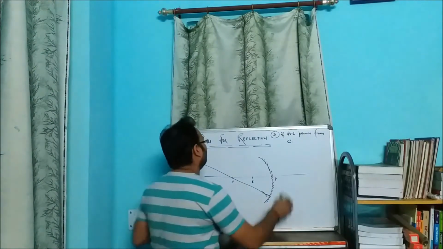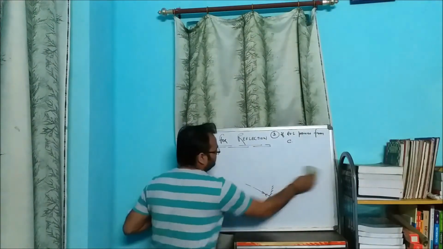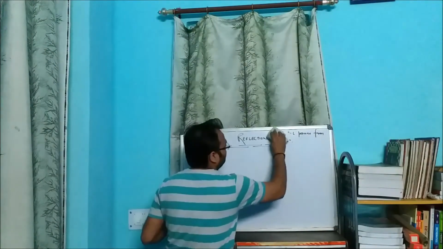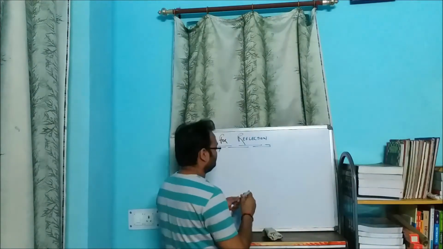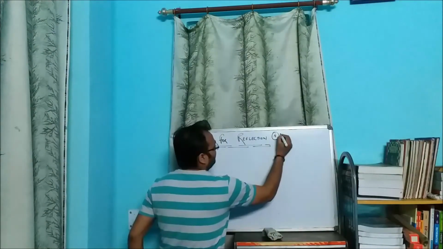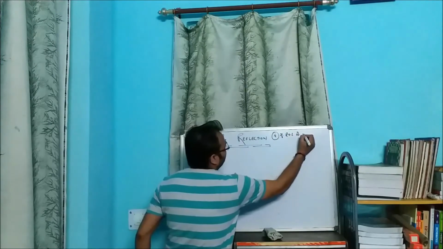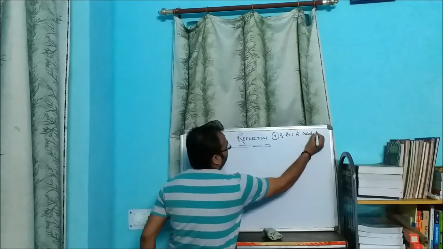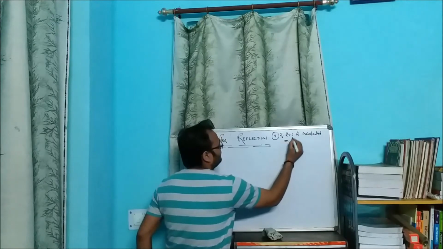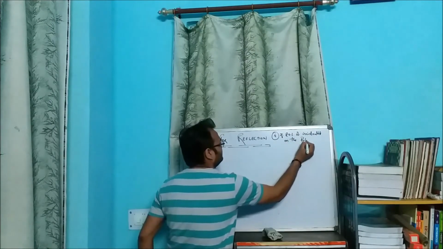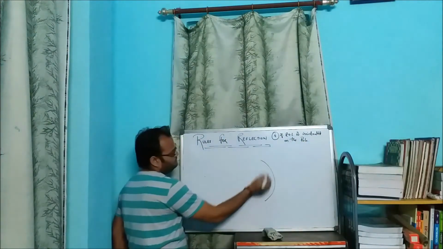Now over to the fourth rule and the last rule. If a ray of light is incidented on the pole, for example, this is the mirror.